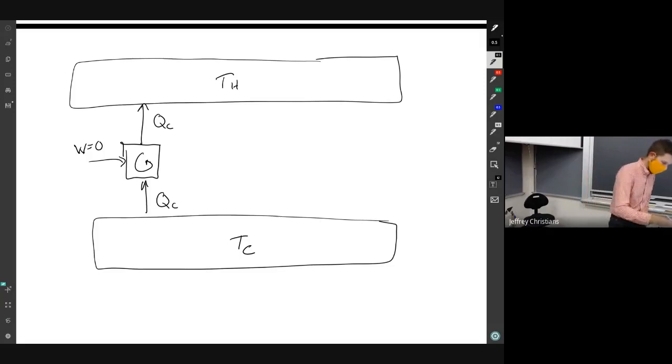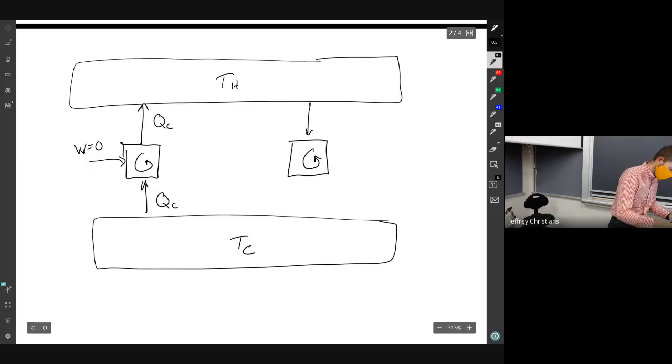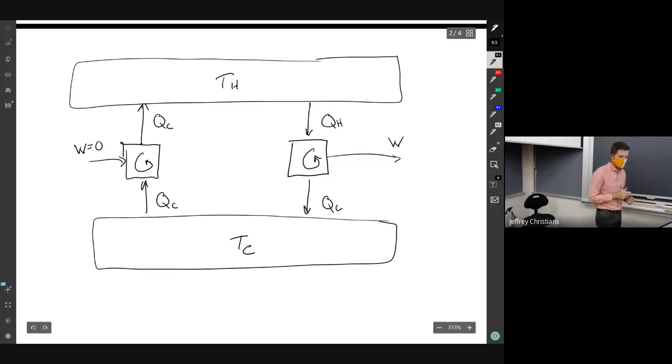Okay, and over on this side, we're going to have a second process happening, where we take heat from that hot reservoir and then we lose some heat to the cold reservoir.